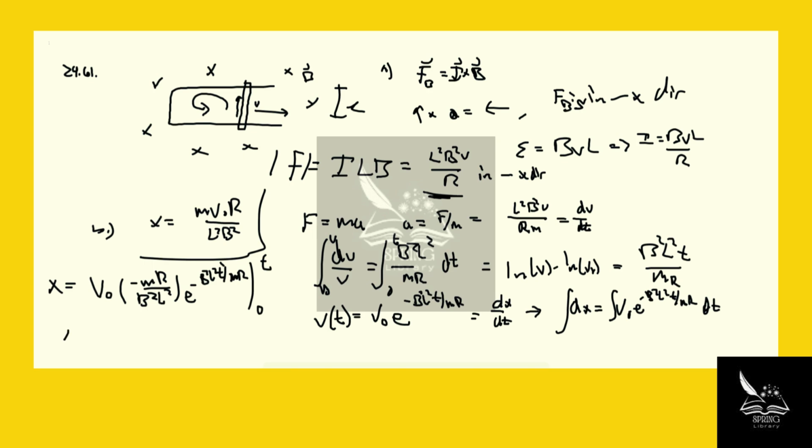Okay, so if we evaluate that, we're going to see that our x of t function comes out to be m R V naught over B squared L squared times 1 minus this exponential.